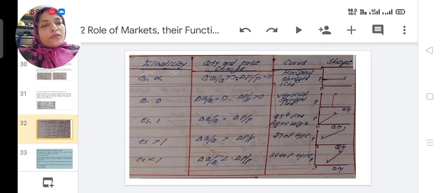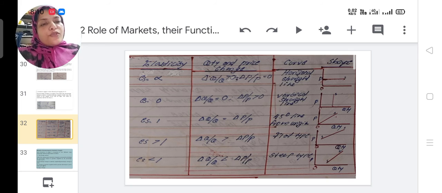Then E equal to 1, that is unitary elastic. Then high elastic, that is greater than 1. Then inelastic, that is less than 1. Then in the case of perfectly elastic, the percentage change in quantity supplied is greater than the percentage change in price. In the case of 0, perfectly inelastic, quantity is not affected by the percentage change in price.